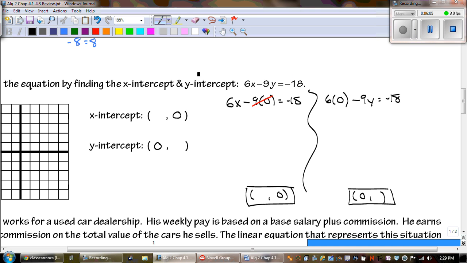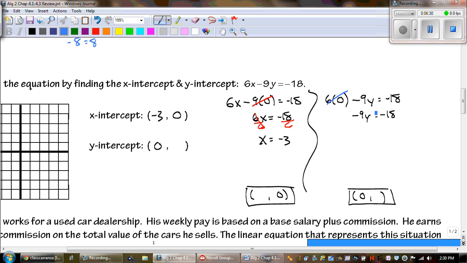9 times 0 cancels out, and we're left with 6x equals -18. When we divide by 6, we get x equals -3. All right, on the right side, 6 times 0 is 0, and we're left with -9y equals -18.